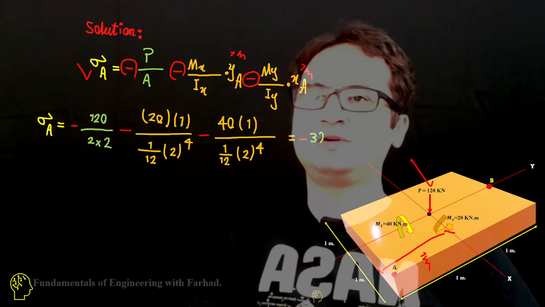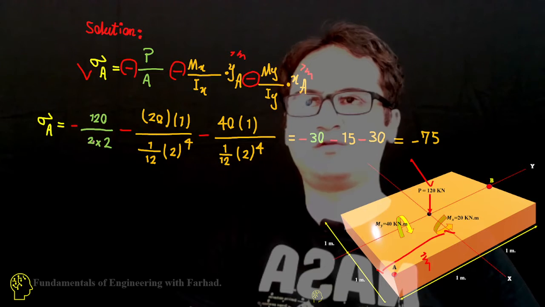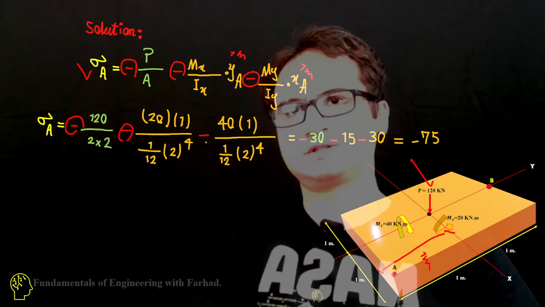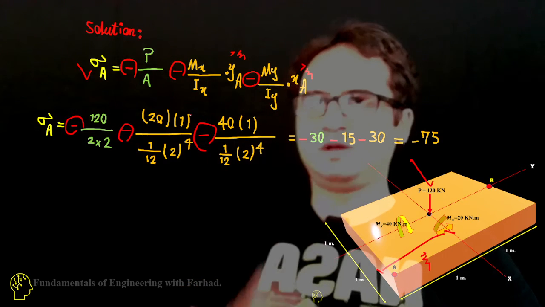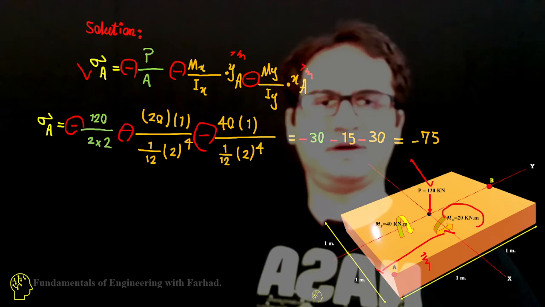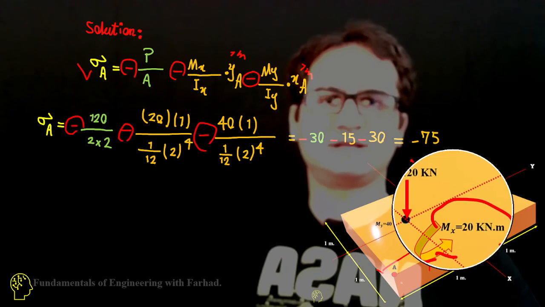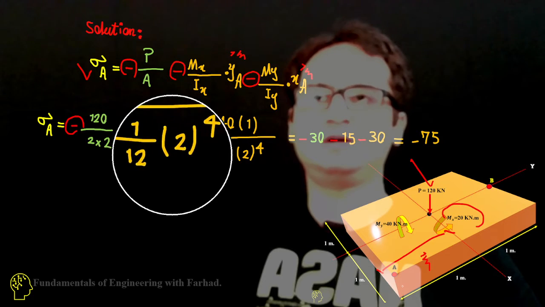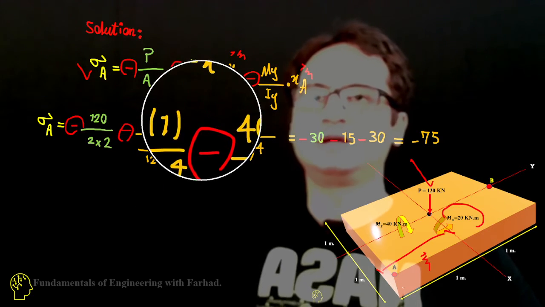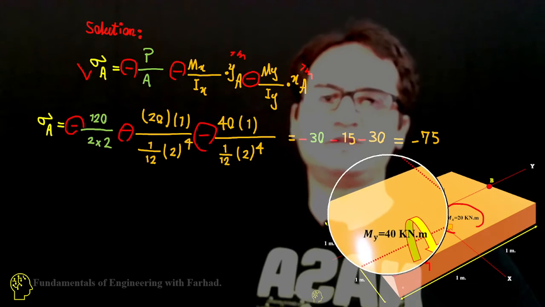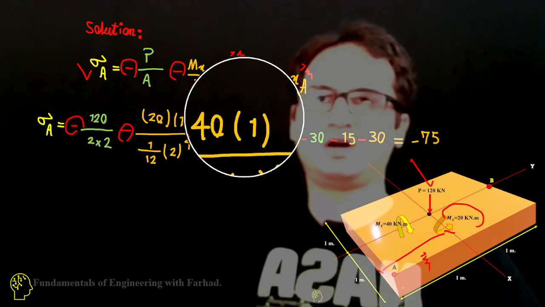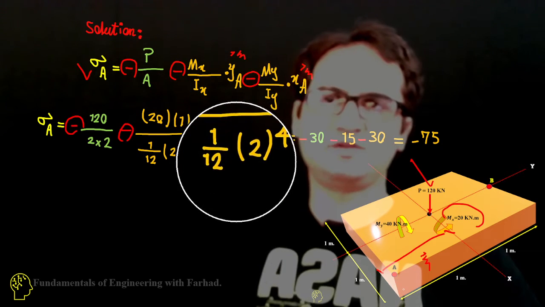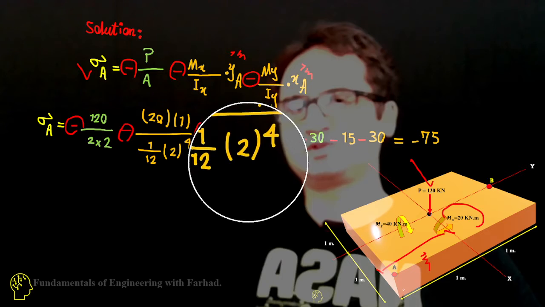If you add them up together: 120 over 4 meters squared, that's a push; this is a push, this is a push. Replace Mx with 20 over 1/12 base cubed height, because it's a square, so that's 1/12 times 2 to the fourth. Negative My, which is 40 kilonewton meters, times xA, which is 1 meter, over 1/12 times 2 to the fourth.